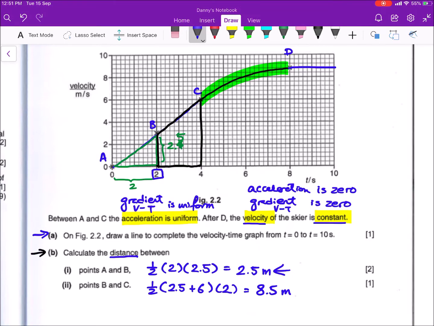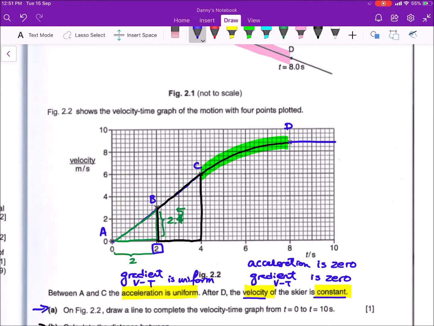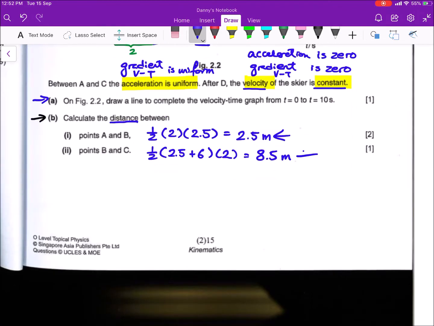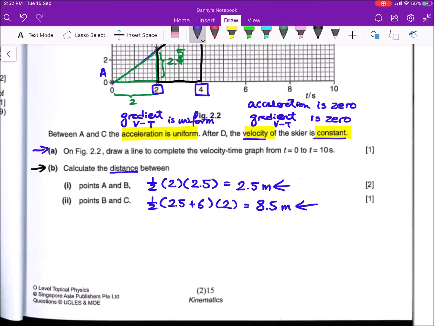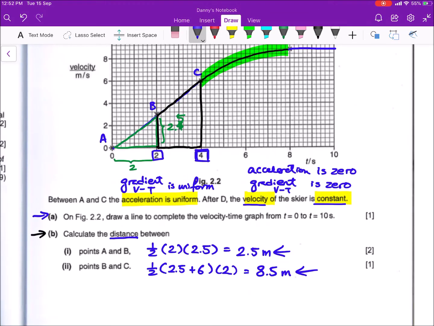That means the distance covered between AB. So this one will be 2.5. And after another 2 seconds, you reach C, right? So when you reach C, it is not just 8.5 because you are talking about displacement. So when you have reached 4 seconds, the total displacement covered will be 2.5 plus 8.5.